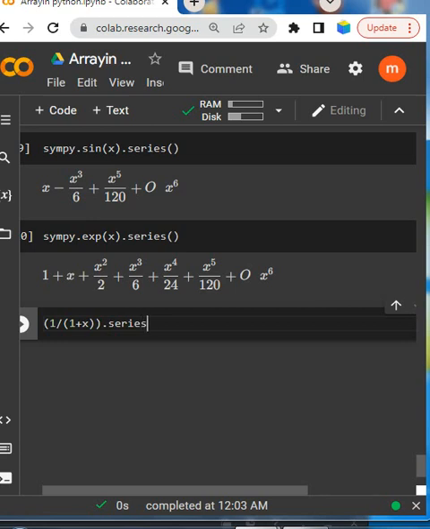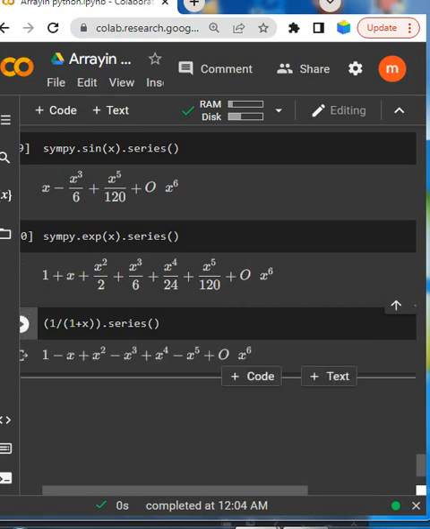So let's see. Yes, it has been printed, 1 minus x and so on. So these are the expansions. We can also write expressions like cos x minus sin x and other expressions, so there is a way to easily expand any terms.